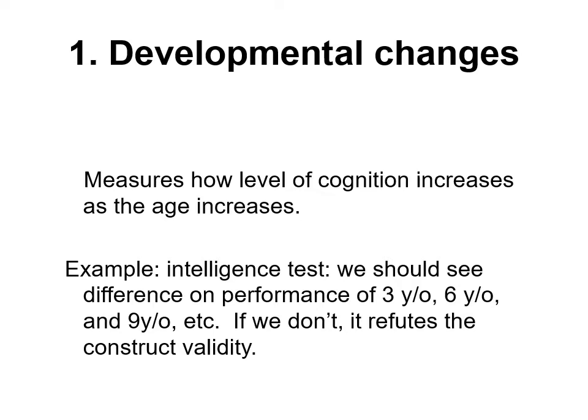Most likely you're not testing some aspect of intelligence, because intelligence from 3 years old to 9 years old is supposed to increase. So that is how you can use developmental changes as a way to measure construct validity.